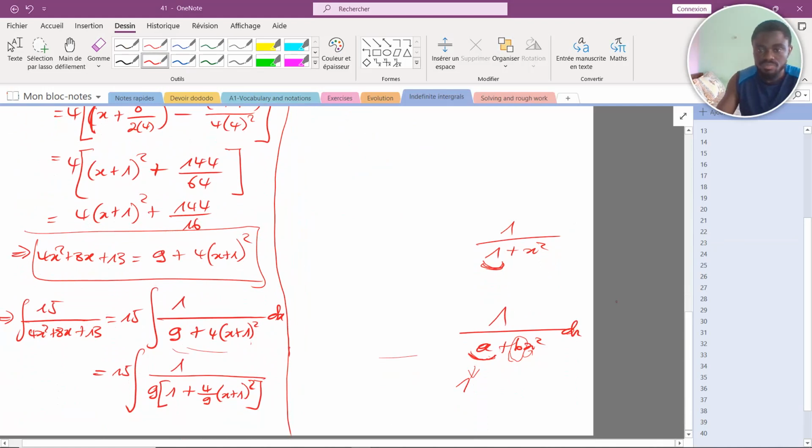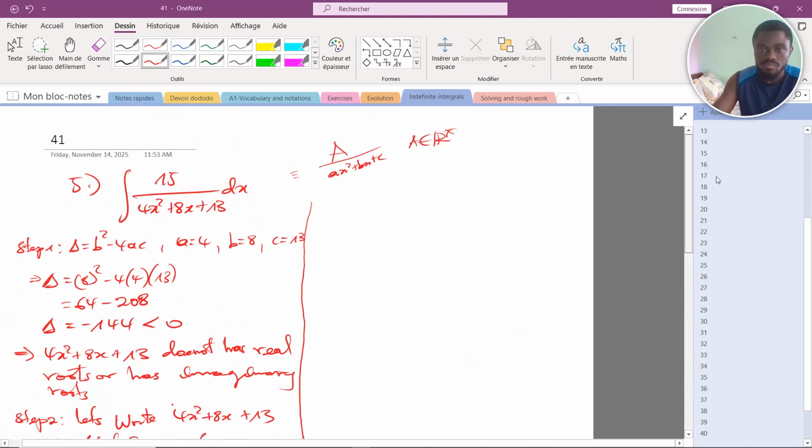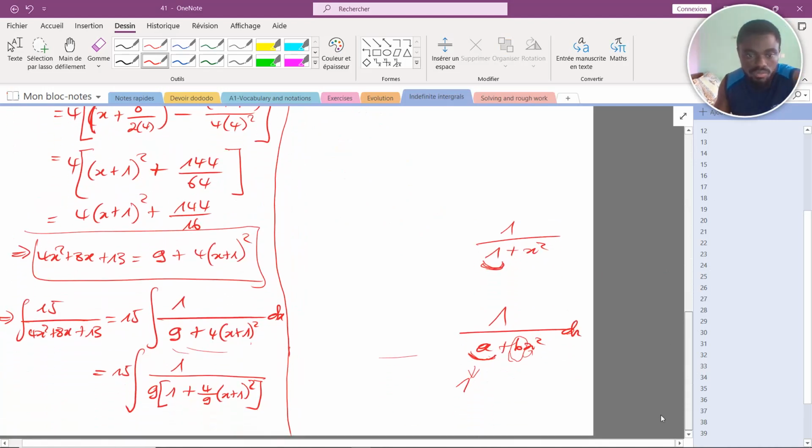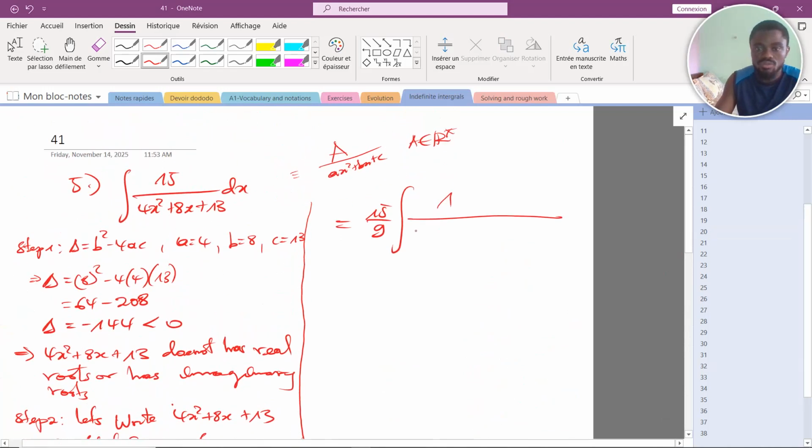So this will be equal to 15 on 9 integral of 1 all over 1 plus 4 on 9 into (x plus 1) all that squared, dx.